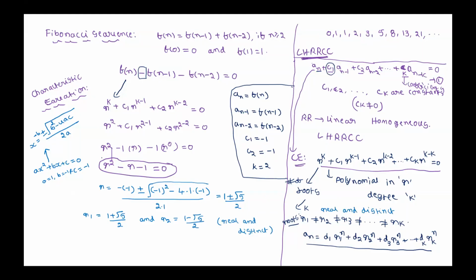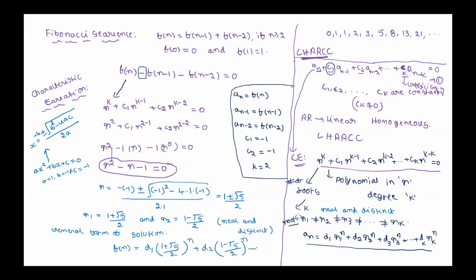Here, f of n equals some constant d1 into 1 plus root 5 by 2, the first root, power n, plus some constant d2 into the second root power n.